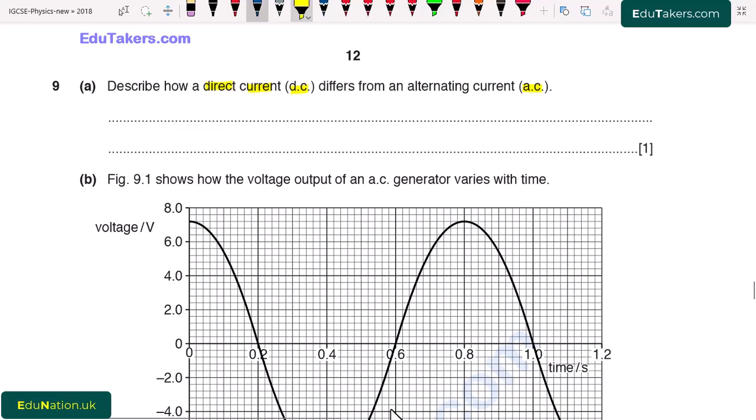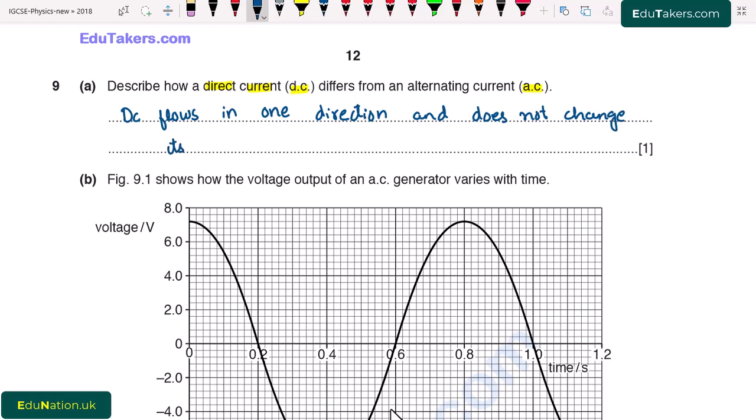So I write here: DC flows in one direction and does not change its polarity.